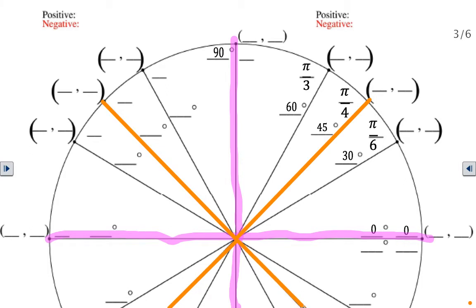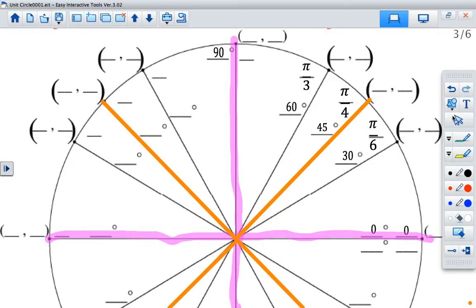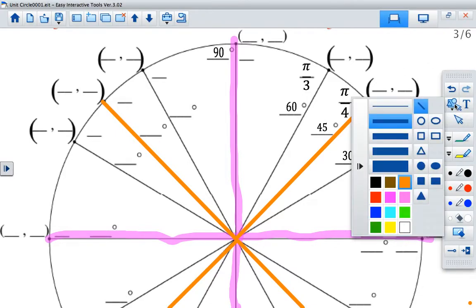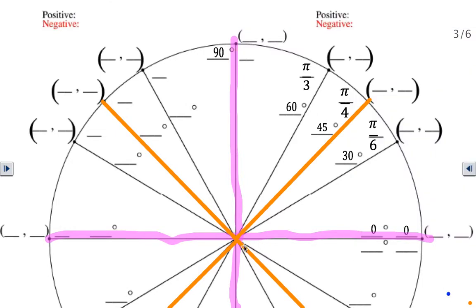Okay. So now we have 8 sections. So we have this section, 1, 2, 3, 4, 5, 6, 7, 8. And then you can also, instead of breaking each quarter or quadrant in half, break each quadrant, excuse me, I can't talk tonight, into thirds. Okay, and that's where you're getting these 2 other lines.